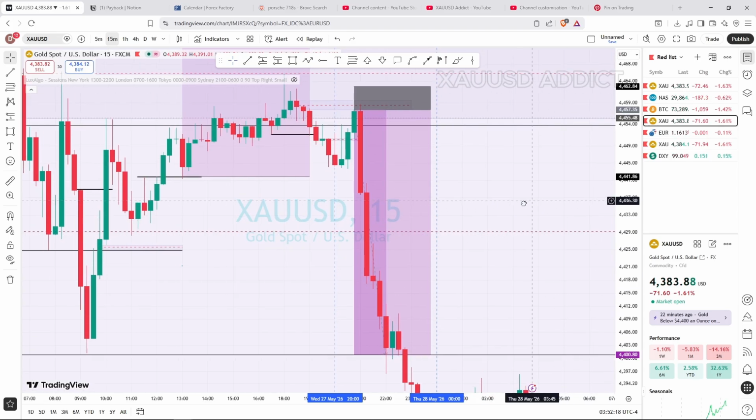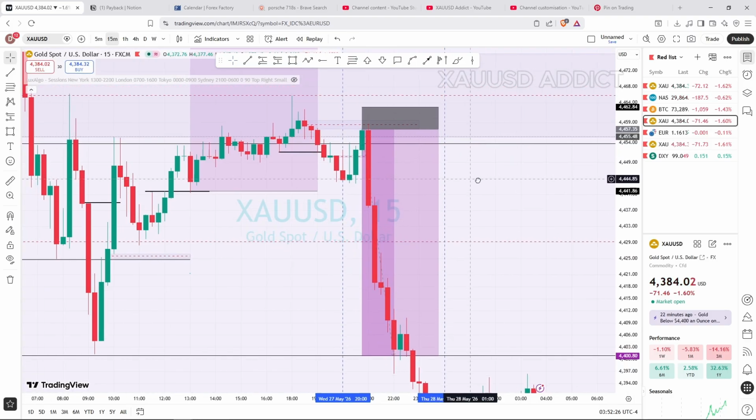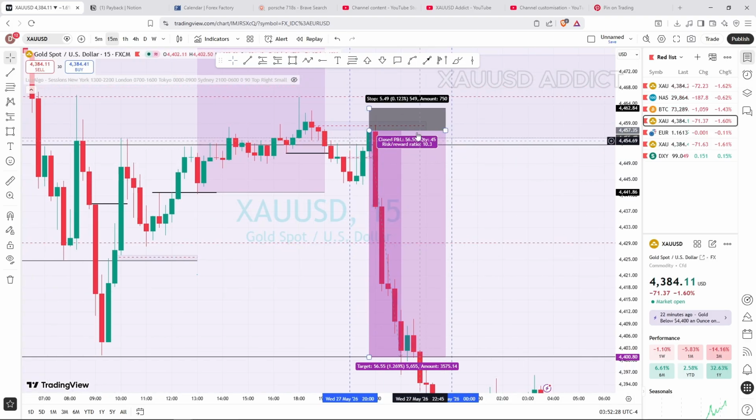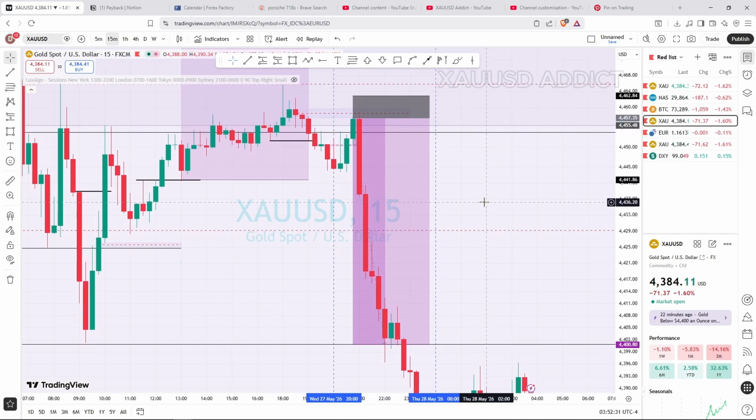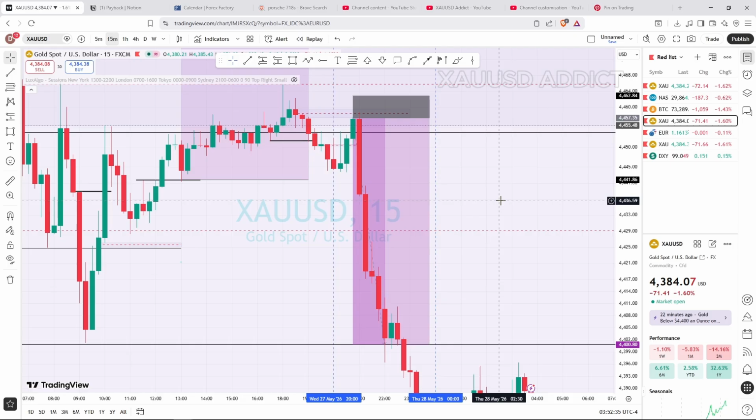So I want you to imagine this. If maybe you are trading on a prop firm, and you took this sell entry and risked 1%, do you know that using only this setup you would have already passed your phase 1? Just imagine that, okay?